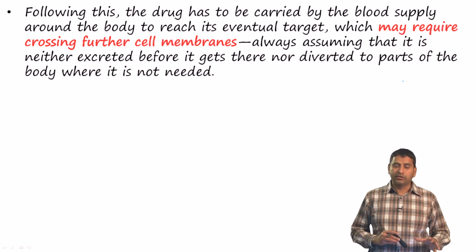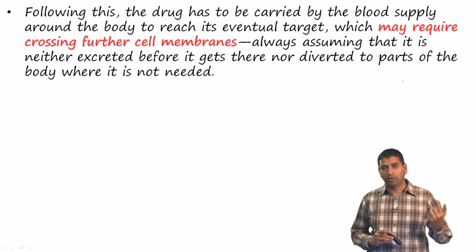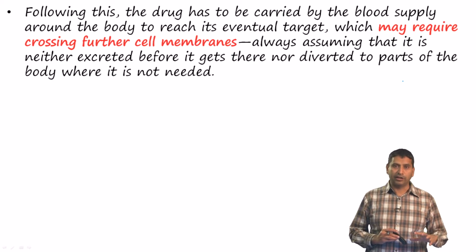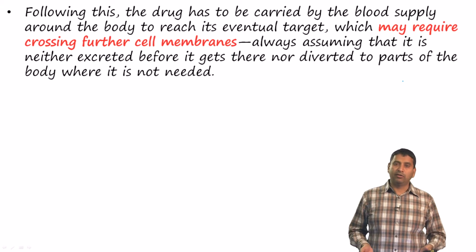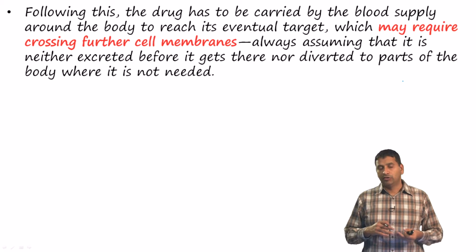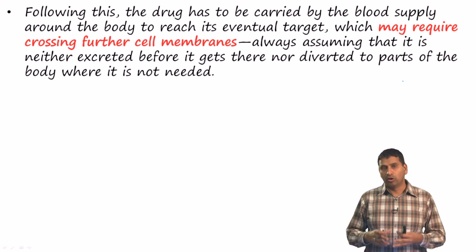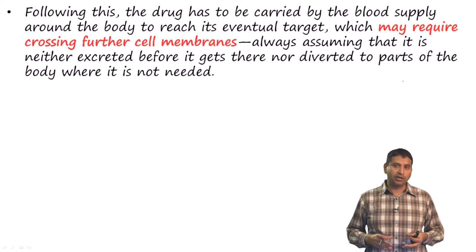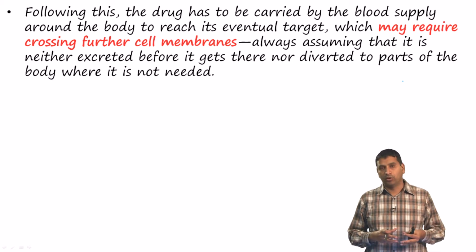Now, following this, the drug then has to be carried by the blood supply around the body to reach its eventual target. Okay. So, keep in mind, we take an antibiotic for example, because we have a bacterial infection. So, the bacterial infection may be in a local area, that means it may be only in the gut or only in the kidney and so on.